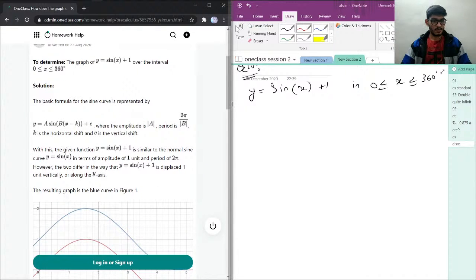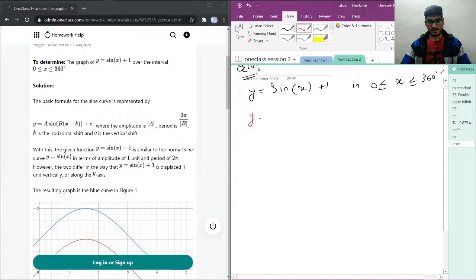The basic formula for a sine curve is represented by y equals a times sine of b times (x minus k) plus c.